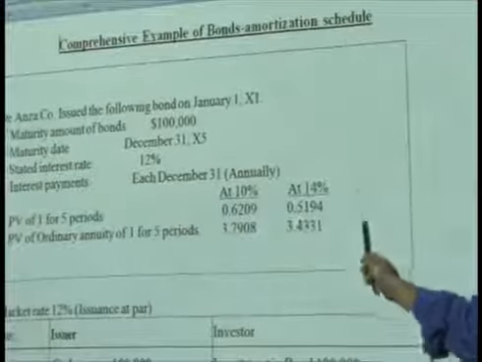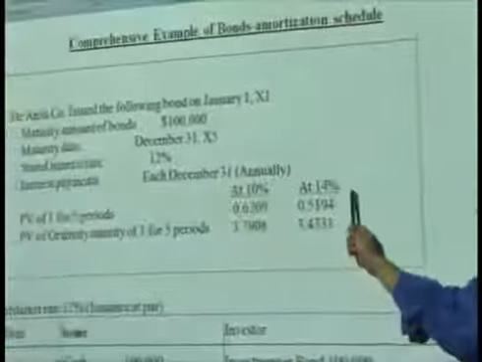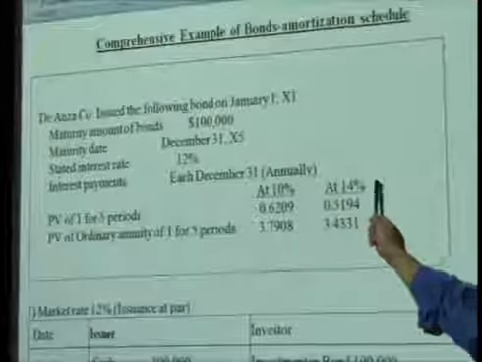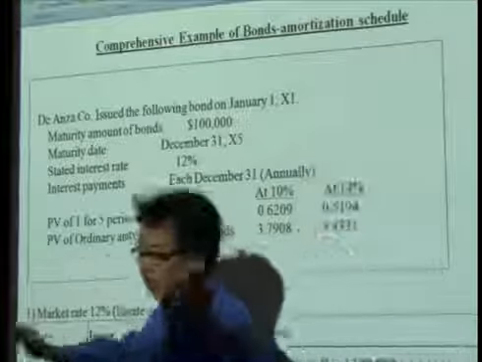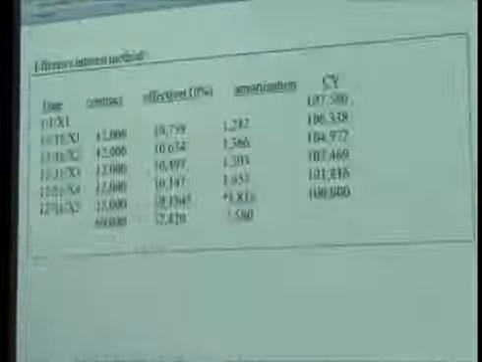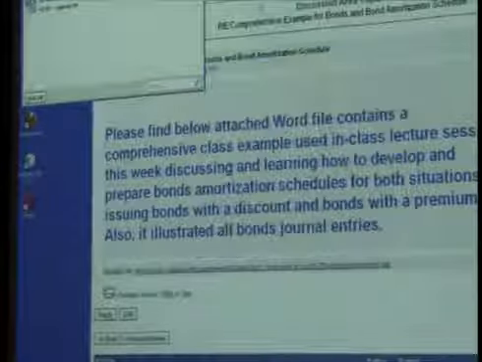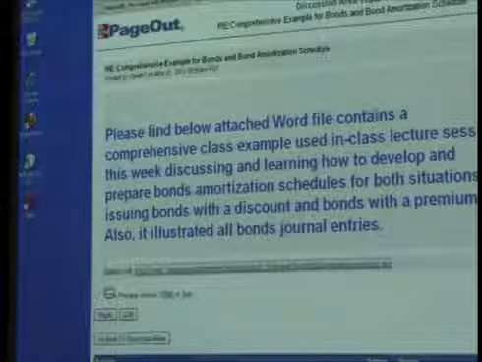And ideally, I need another column at 12%, because I want to intentionally make the contractual rate the same as the market rate. So again, I'm not starting this now. I'm just doing a preview here for you to know where things are, all right? And your textbook has many similar examples.